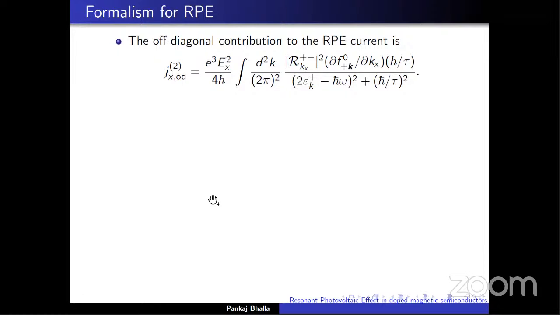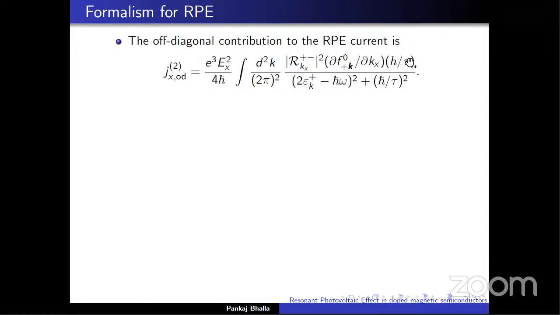Here we can see that the expression gives a lot of information to us. The first thing is that it includes the picture of R plus minus, the Berry connection stuff here. Another thing is that this takes care of the interband coherence. Another is that the partial derivative of the Fermi distribution with kx, del f by del kx, takes care of the Fermi surface structure here.